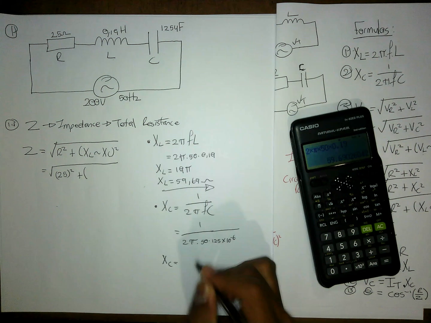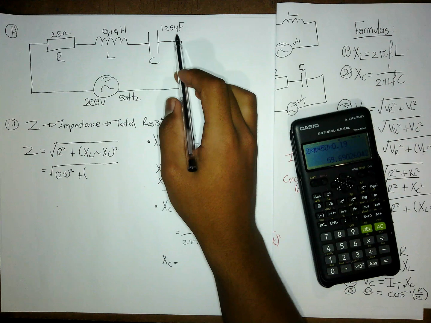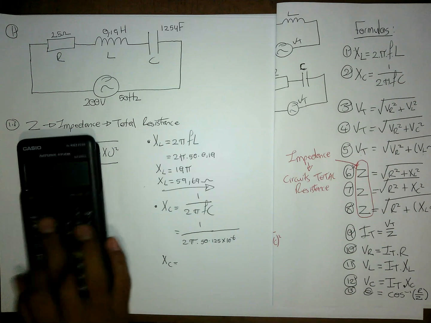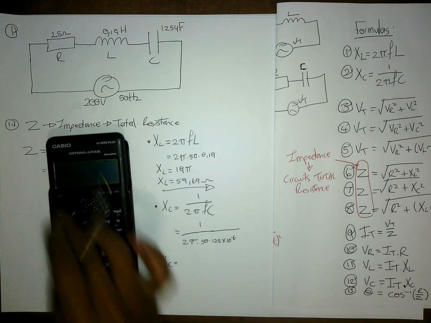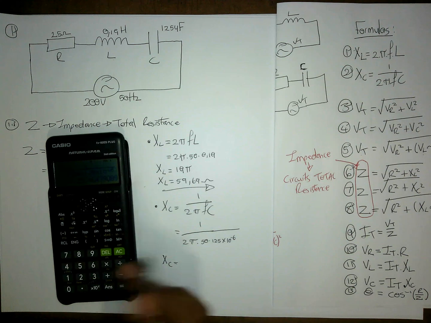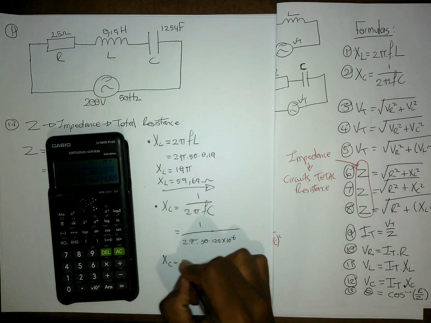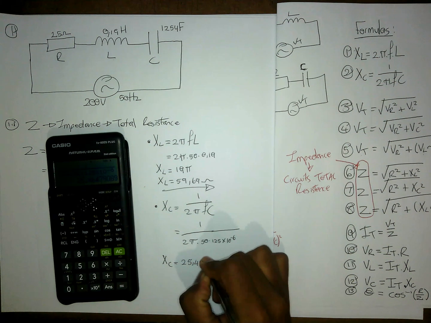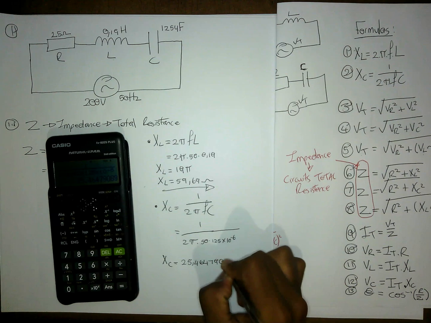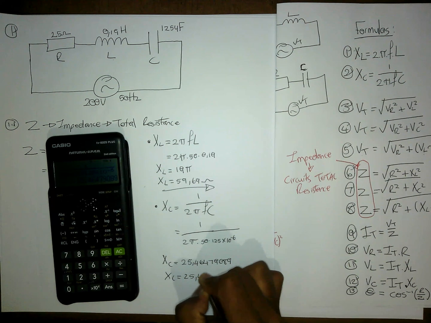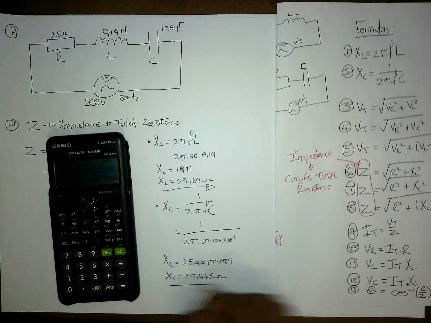Does anyone not know that this microfarad is 10 to the power minus 6? So 25.4647908, that's in ohms.